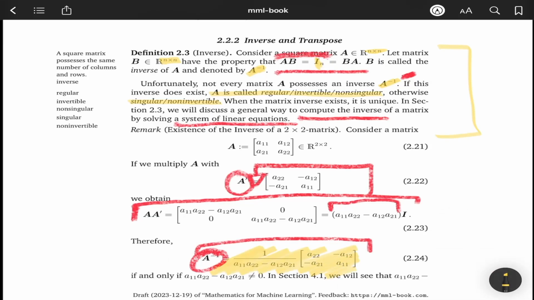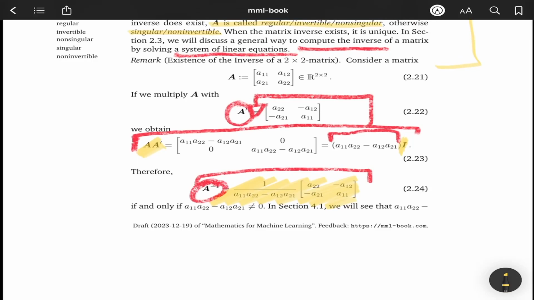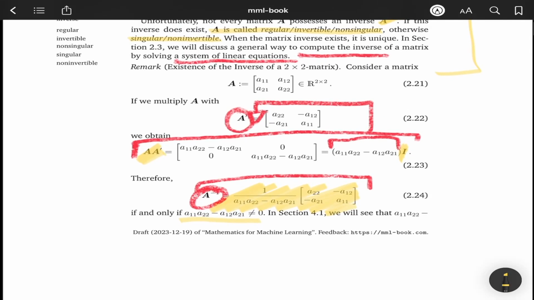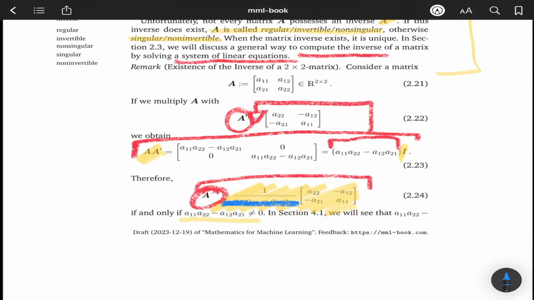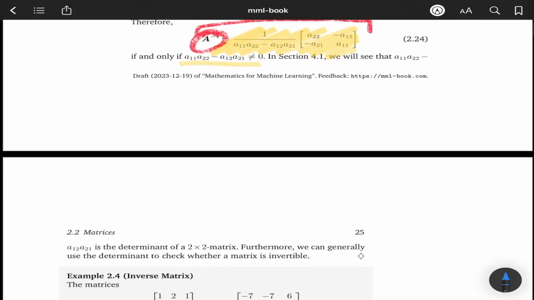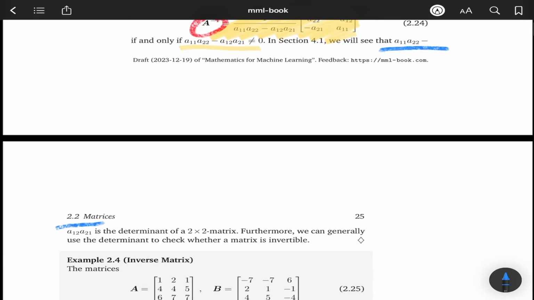There's another condition: only if that is not equal to 0, because we are not allowed to divide by 0. And they say exactly this part is the determinant of the 2 by 2 matrix.